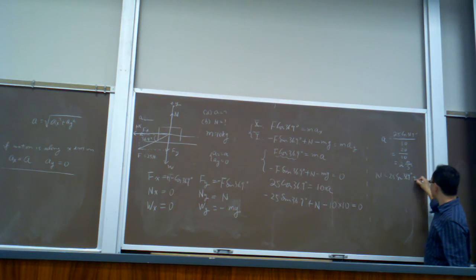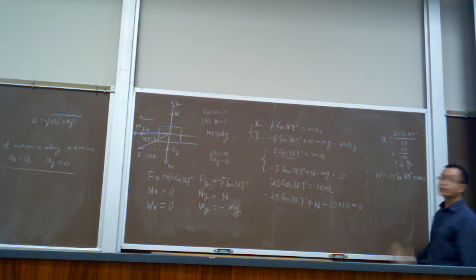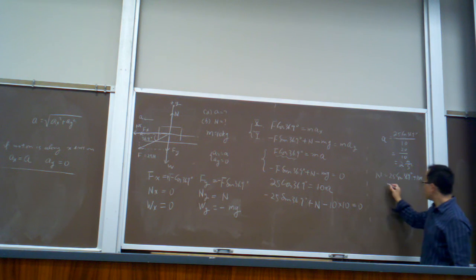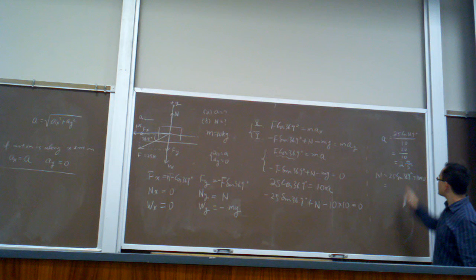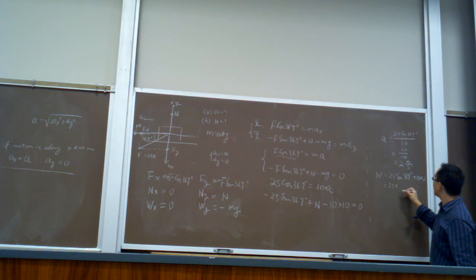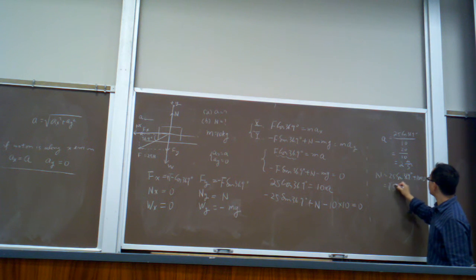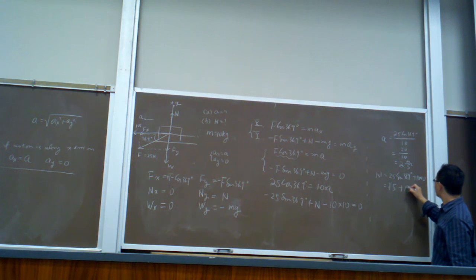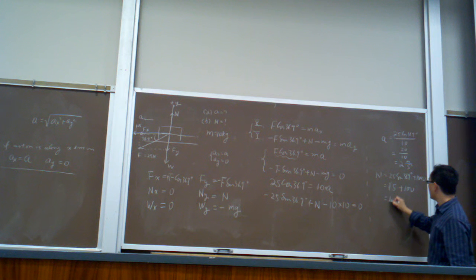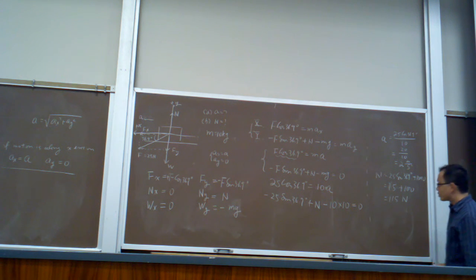Plus 10 multiplied by 10, right? So this is 25 multiplied by 0.6, so it's 50 plus 100, so it's 150 Newtons. So that is the normal force, right?